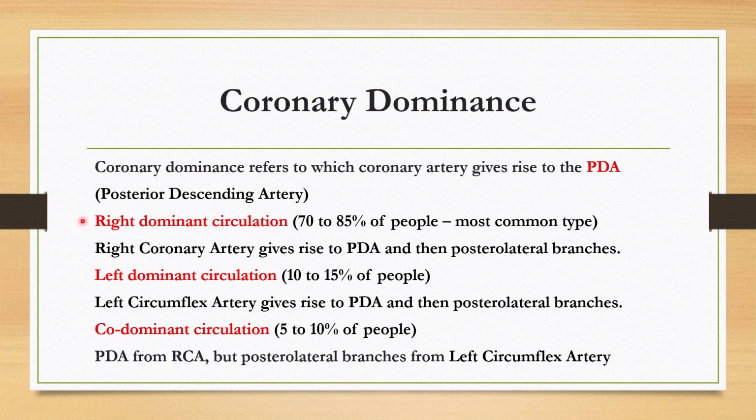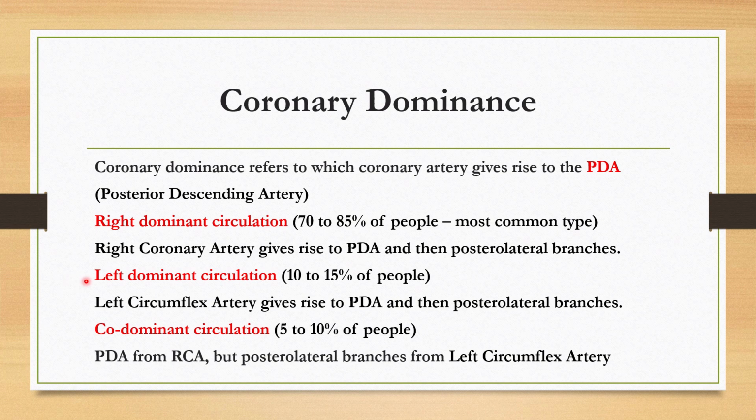Let's talk about that in detail. The first one is right dominant circulation. You can see that in 70 to 85% of people, and it is the most common type. Here the right coronary artery gives rise to the PDA, that is the posterior descending artery, and then the posterolateral branches.